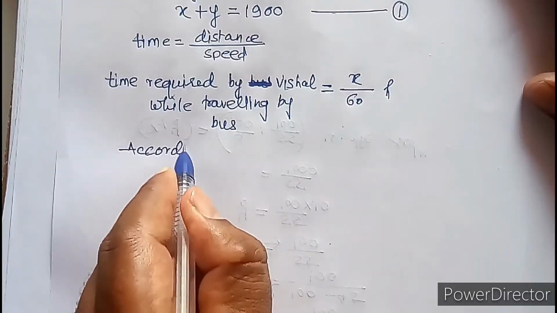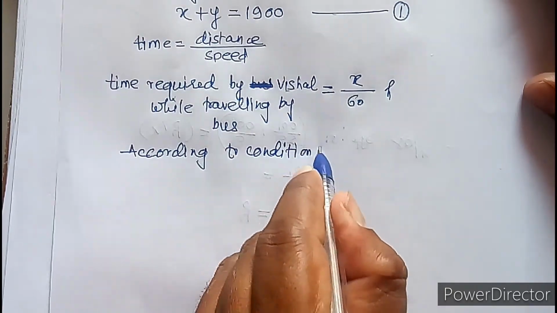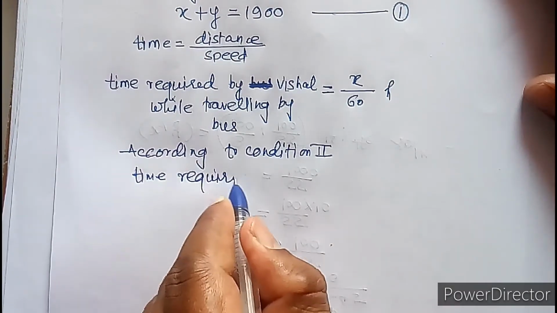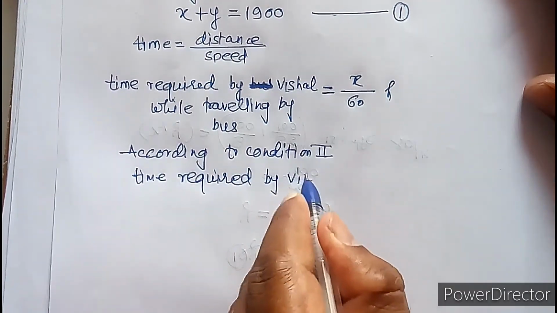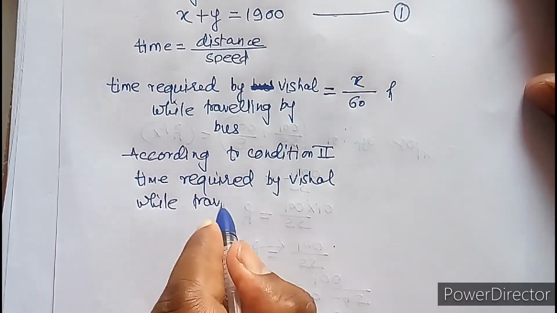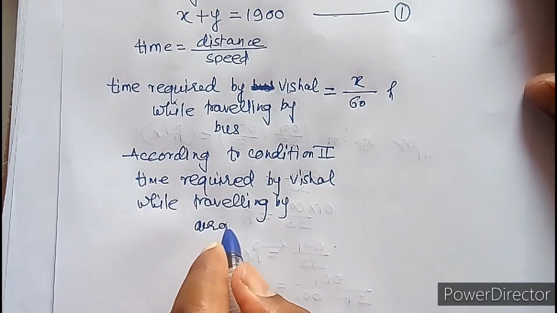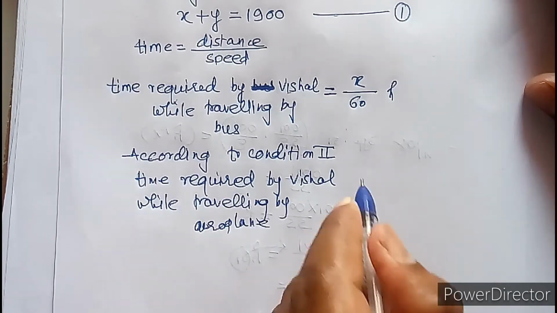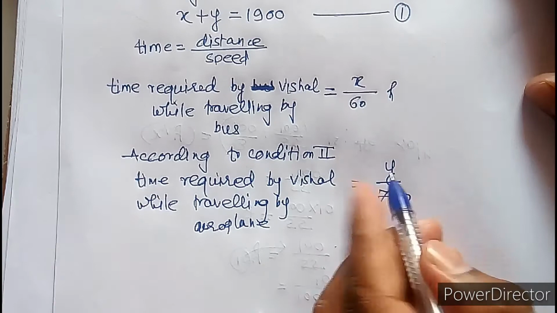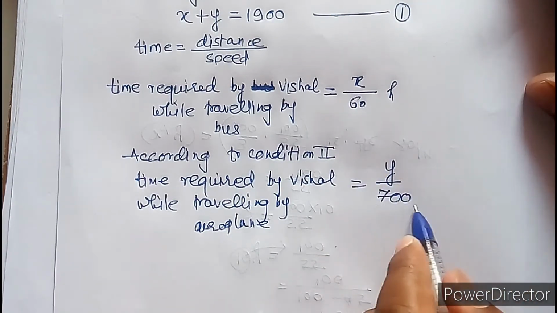Now this is the speed of Vishal while traveling by bus. Now according to condition 2, the time required by Vishal while traveling by aeroplane equals y by 700. y is the distance he travels by plane and speed is 700.